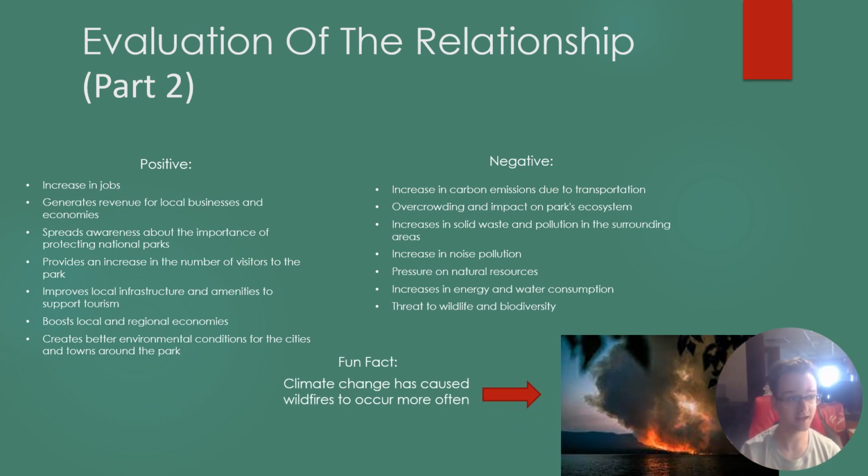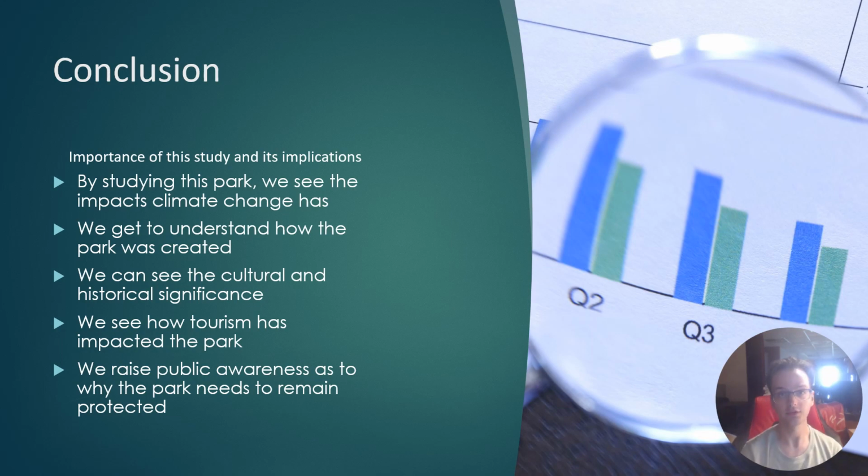Now, a fun fact that I put here is that these climate changes have ended up causing more wildfires to occur, which ultimately affects the landscape. So, in conclusion, I have determined that by studying this park, we can see how the impacts of climate change have caused more wildfires to occur.